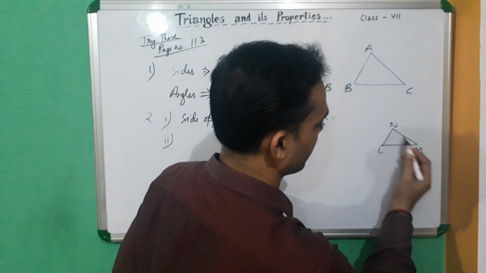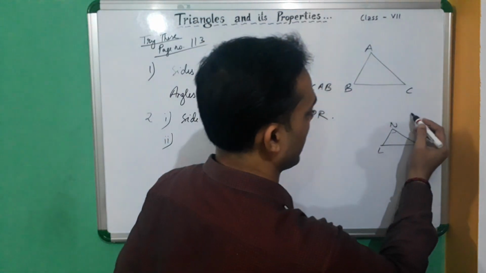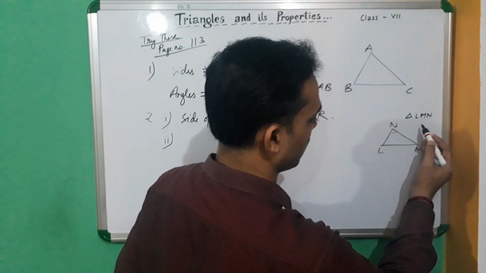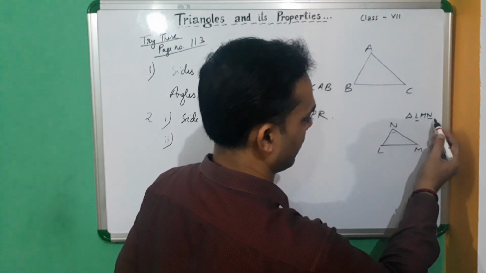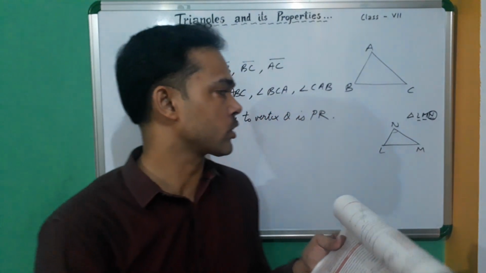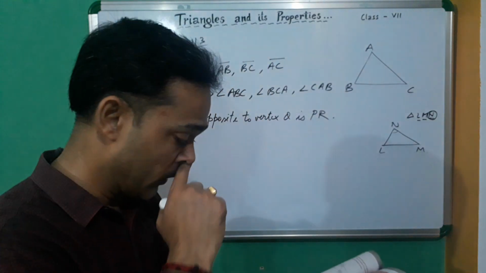This is LM, so the opposite will be N. Also, if you write triangle LMN, you have to leave L and M. The one opposite to side LM will be the leftover, that is N. Now let's write this.